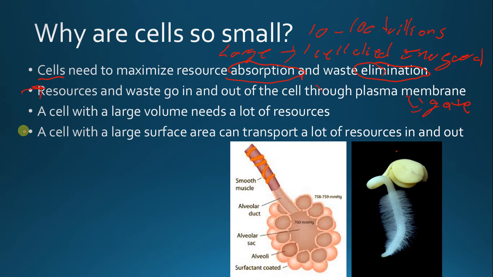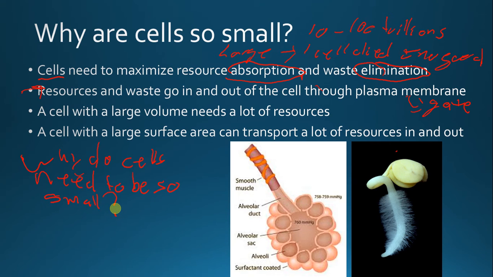So we're actually going to do a lab on this on Friday, but I won't ruin the surprise, but I want you to think about, why do cells need to be so small? Your book goes in a little more detail, but we're really going to explore it on Friday.